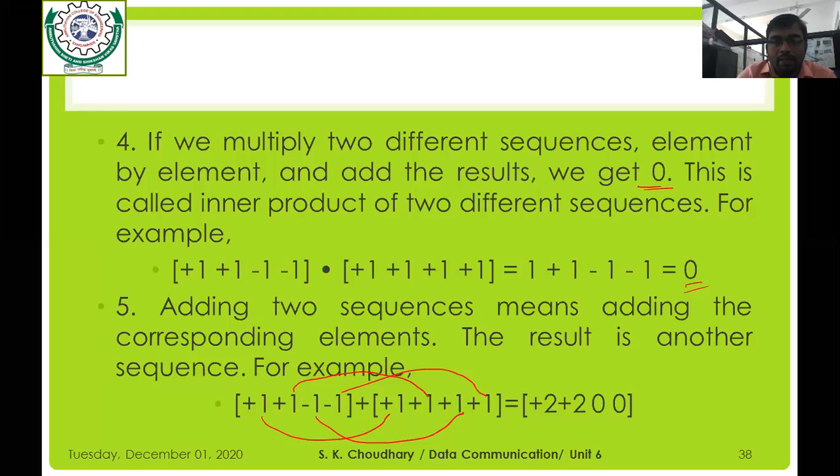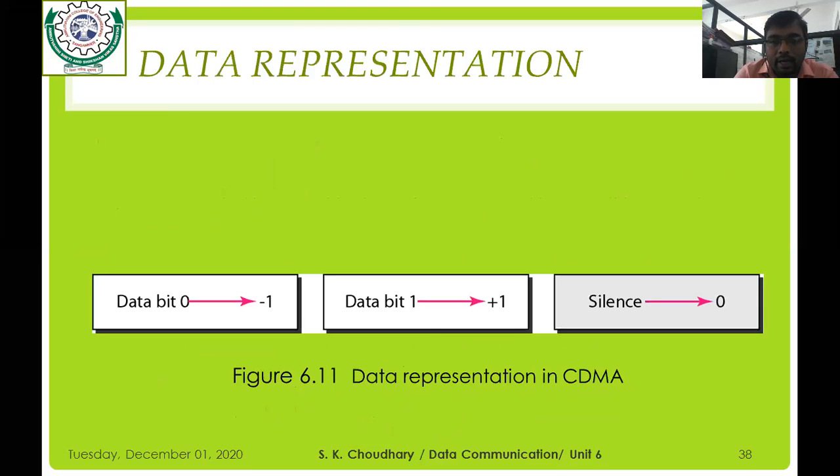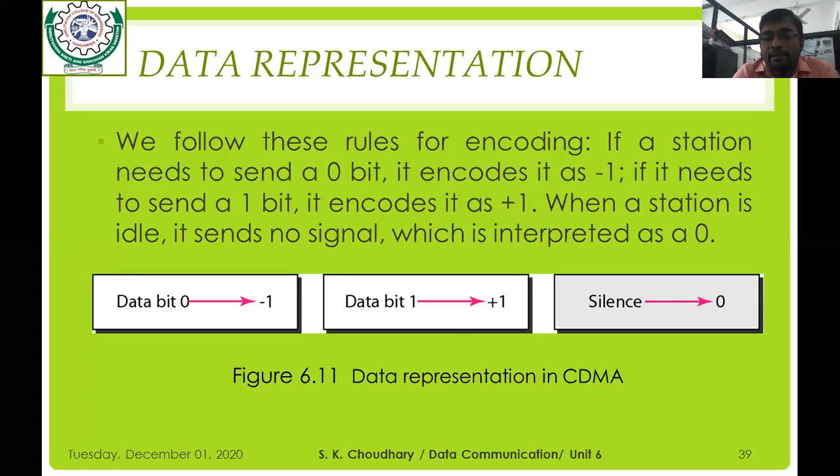These are the 5 properties of the orthogonal sequences, and then further we can see how to represent this data or codes. We follow these rules for encoding. If a station needs to send a 0 bit, it encodes it as -1.